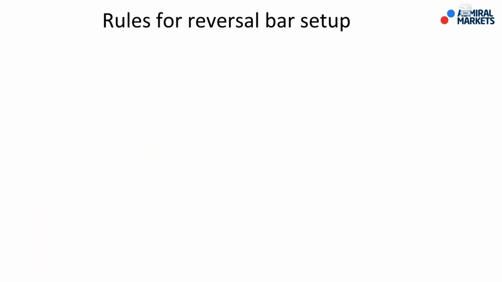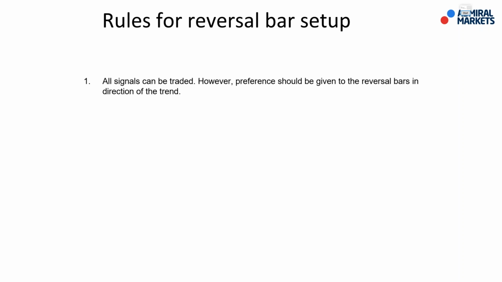So now let's talk about the rules for this setup. The first rule: all signals can be traded basically. However, you should prefer the reversal bars in the direction of the trend.